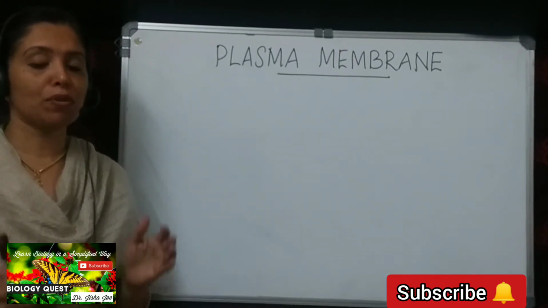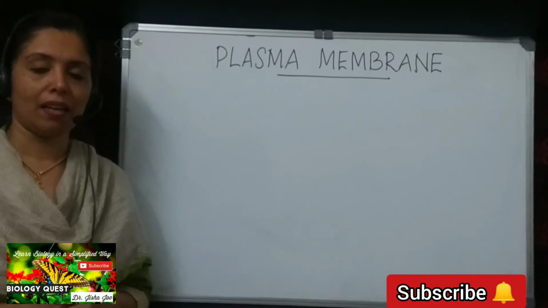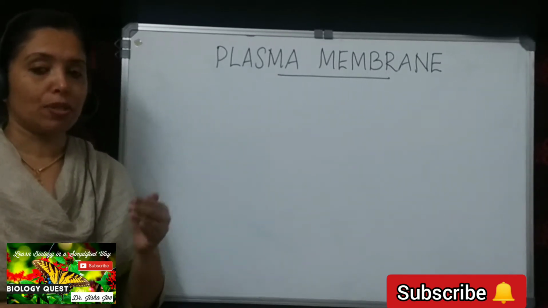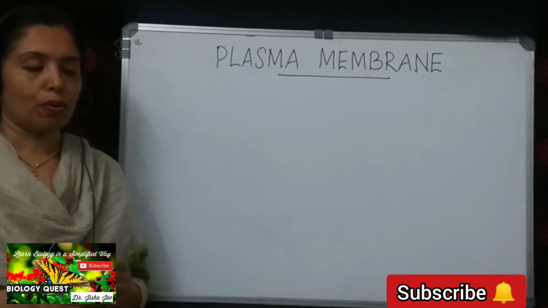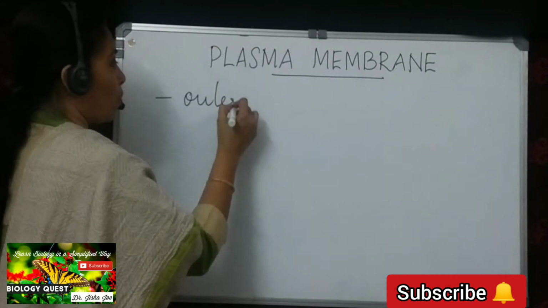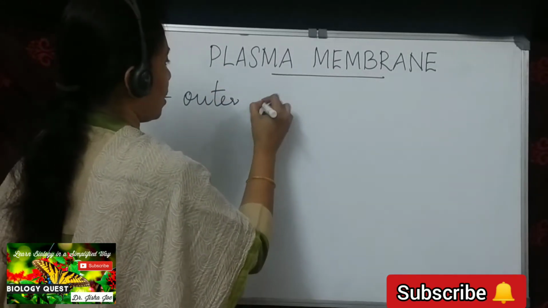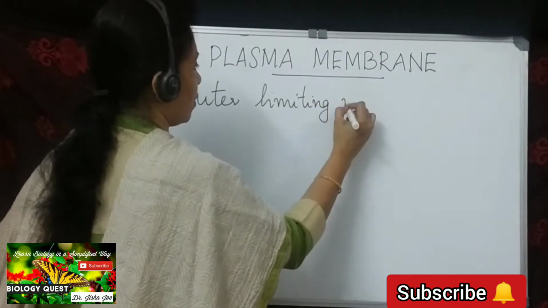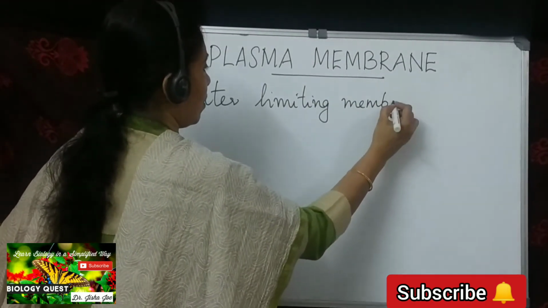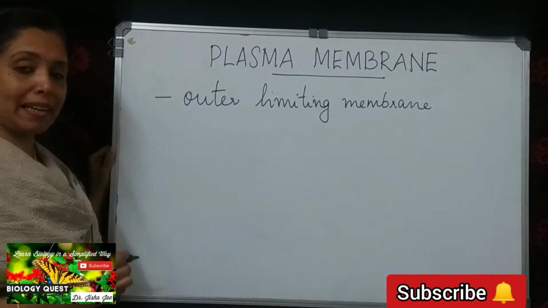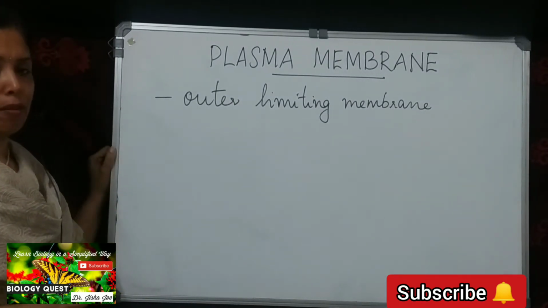It is the outermost layer in the animal cell, whereas in the case of plant cell, it is the layer inner to the cell wall.